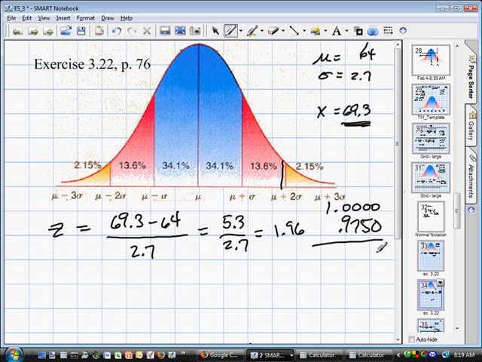And of course, what's going to happen here? They're all going to be 10s. That's a 5. That's a 3. That's supposed to be a 2.